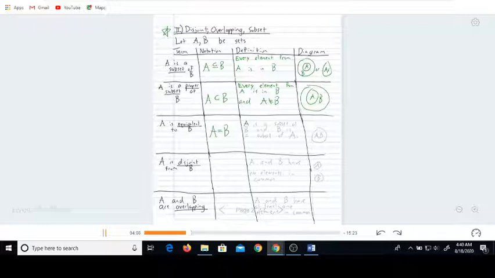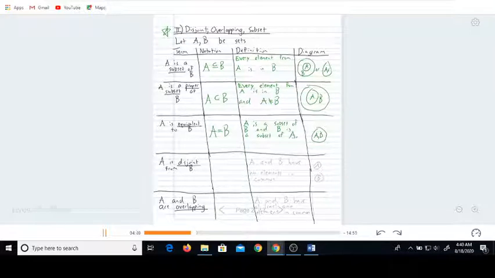So A is equivalent to B if A is a subset of B, and B is a subset of A. So naturally, if everything from A is inside of B and everything from B is inside of A, well, then they must be equal.